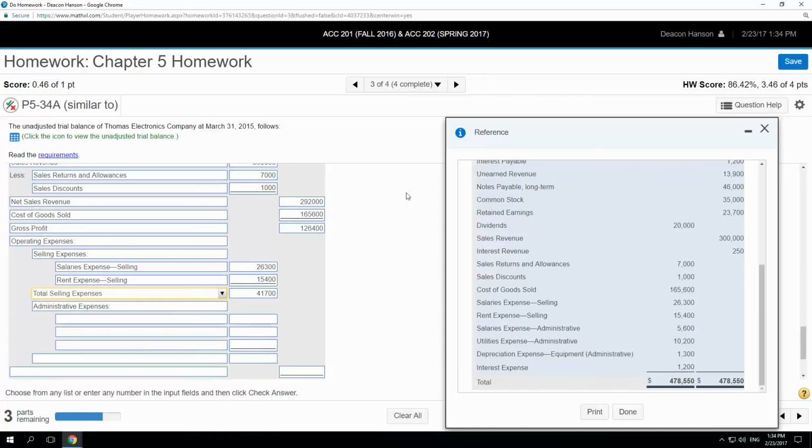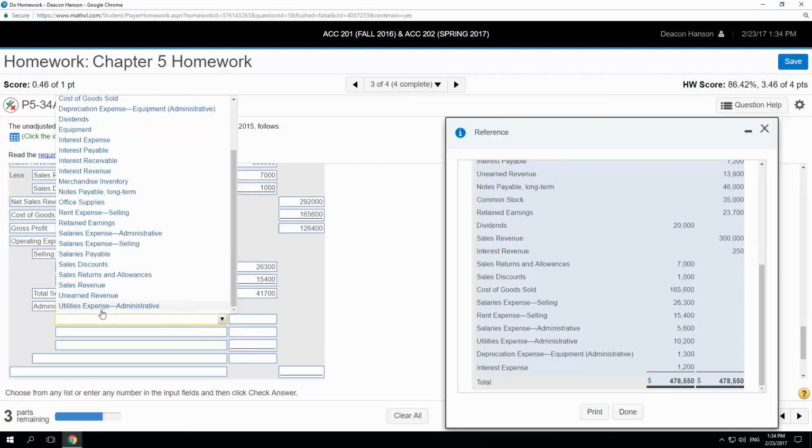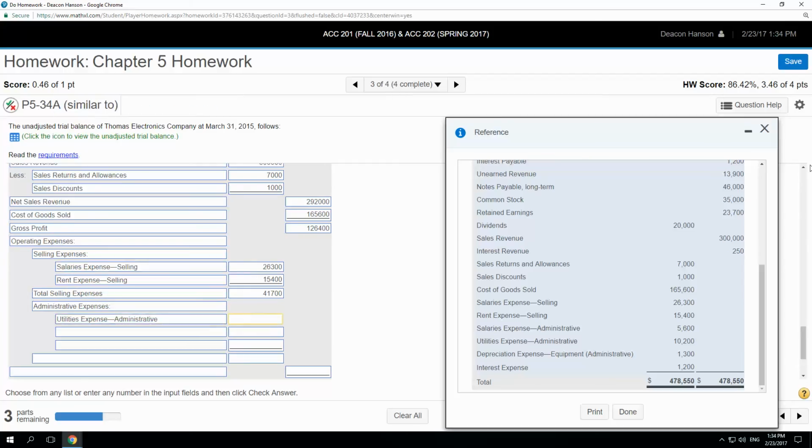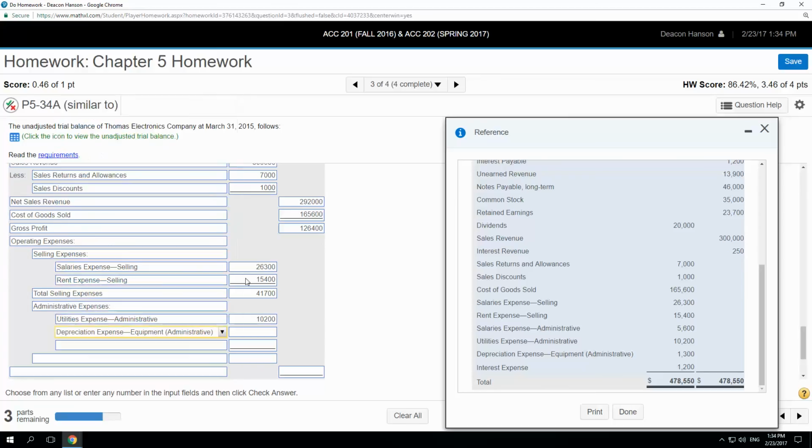Now we do the administrative expenses. We got three of them. I might do them in the order that they would go. Utilities, administrative, and that's 10,200. I got depreciation expense, administrative. That's 1,300.